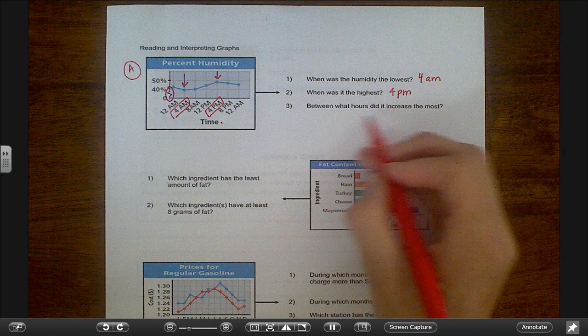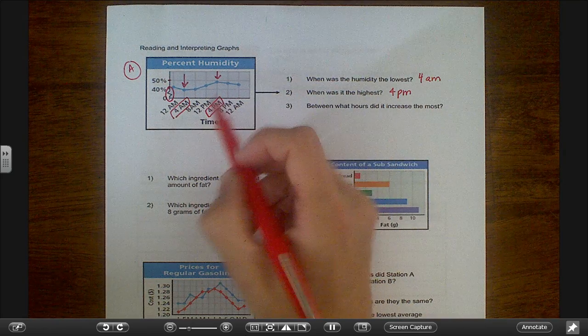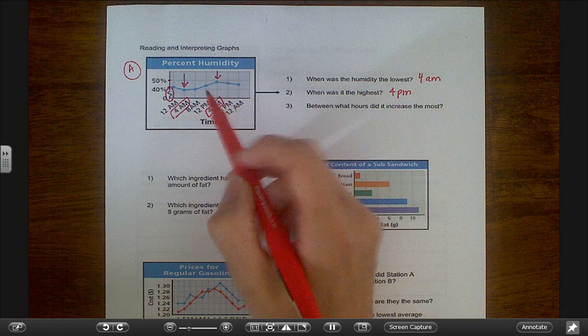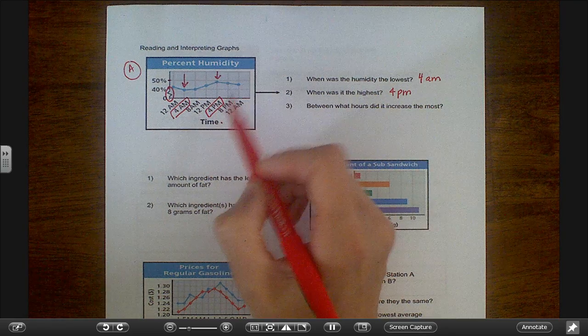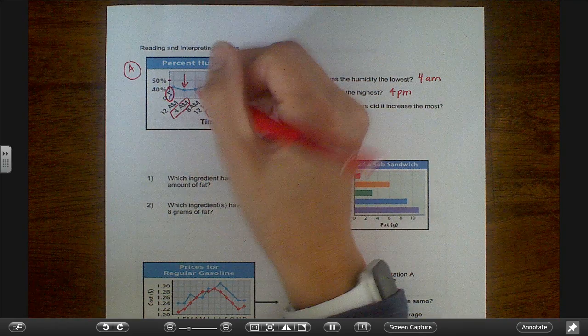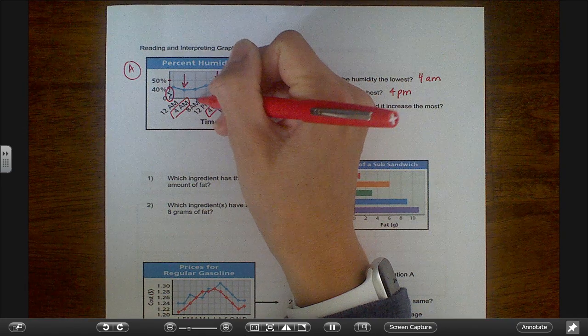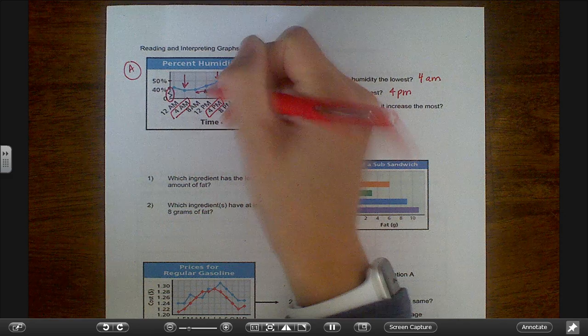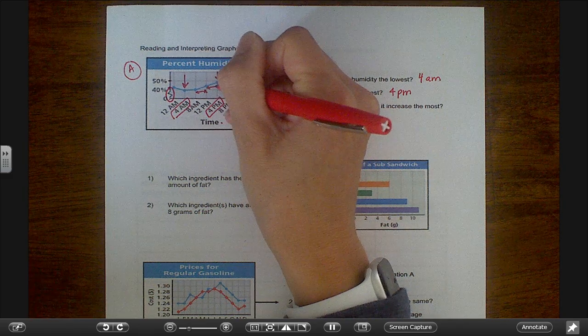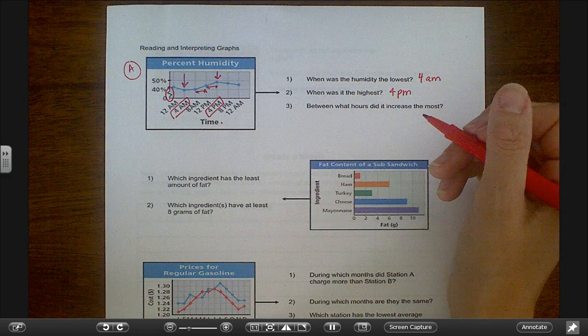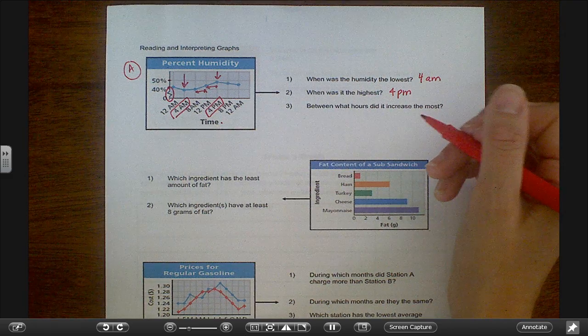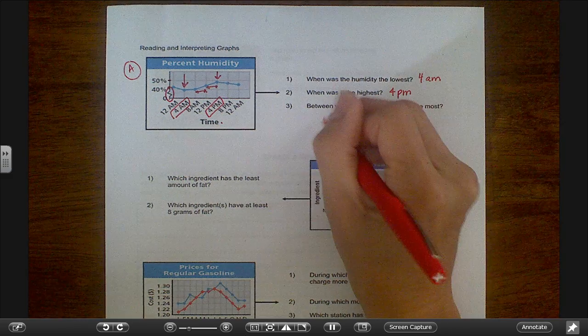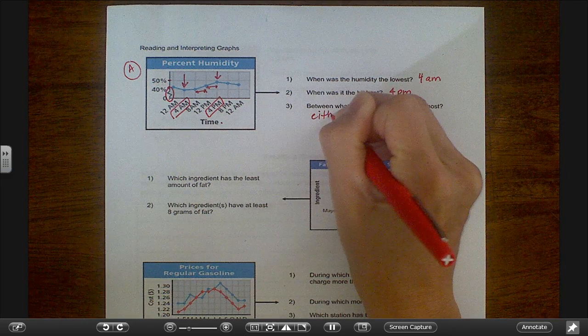And then between what hours did it increase the most? Now you're looking for the largest slope. And it might be a little bit difficult to tell on this graph. It's probably either between these two points, so 8 a.m. and 12 p.m., or 12 p.m. and 4 p.m. And there's such a slight difference between the two that you could actually write either.